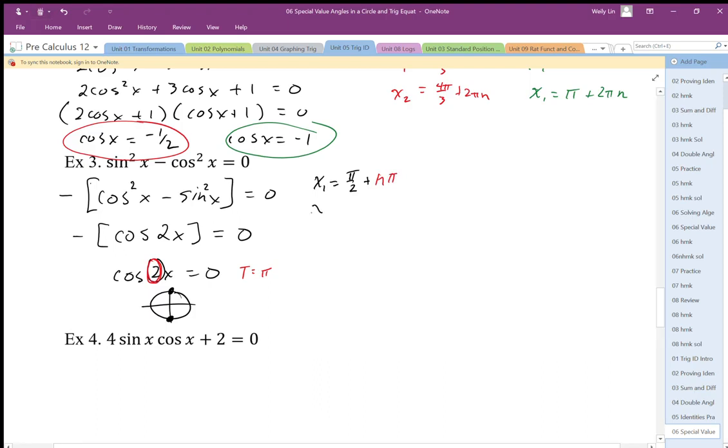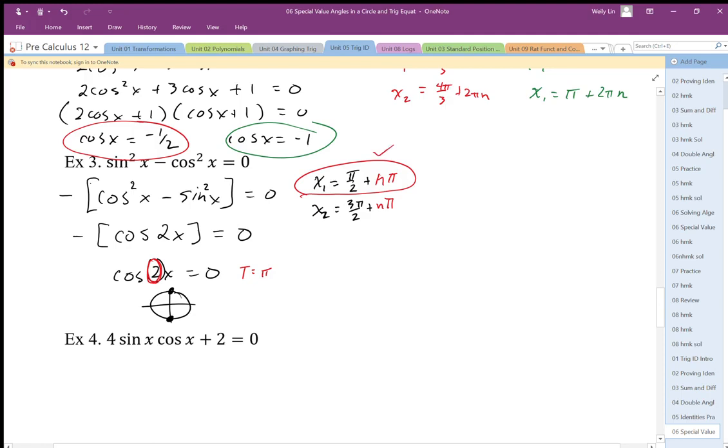This one here, theta 2 is down at 3 pi over 2. Well, in fact, it's just an overlap, right? Because we end up with n pi again. Okay, so these actually overlap each other. So you can give me both like that, but this by itself would be good enough.